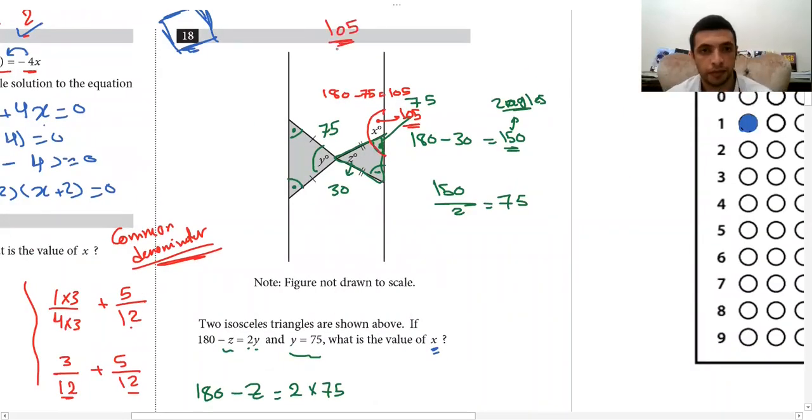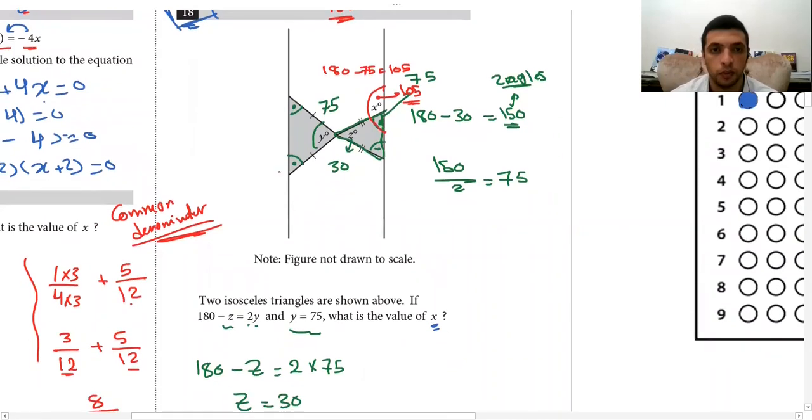All right, let's recap. We got z from the equation, put y equals 75, we got z equals 30. And then the triangle is 180, I'm subtracting the 30 to get these two angles. And then I'm dividing by 2 to get 75, which is the measure of this one and the measure of this one. All right, I want x, so I'm trying to reach it.